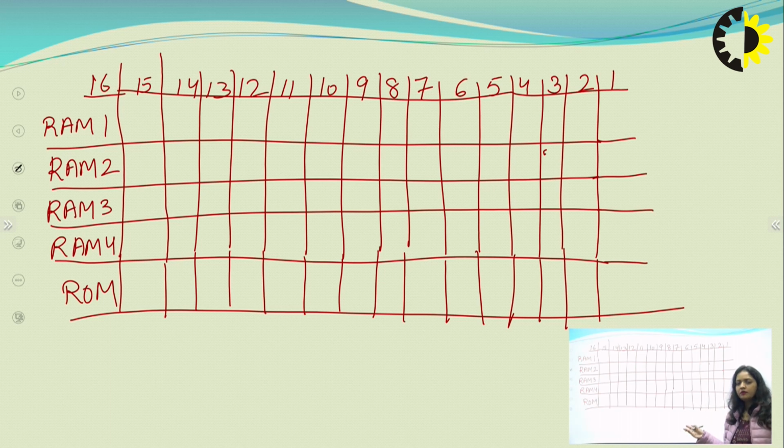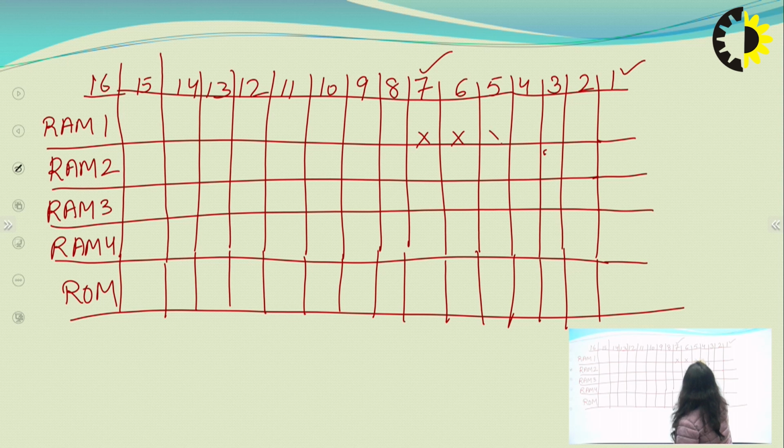Now before performing that, let us first put the values in this 16 bits. What will be the value for RAM 1, what will be the value for RAM 2, RAM 3 and the ROM chip? As we know that from bit number 1 to 7, we are having some address bits for these RAM chips. So we will be putting a cross over here. Cross means don't care condition. The value may be either 0 or 1. For all the RAM chips, we will put a cross over here like this.